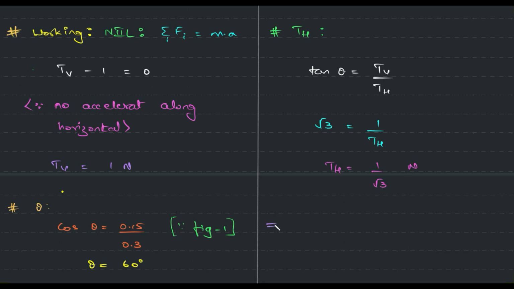So now we know TH, and then we can figure out omega. So TH is equal to mass times AC, and this is m times omega square r.